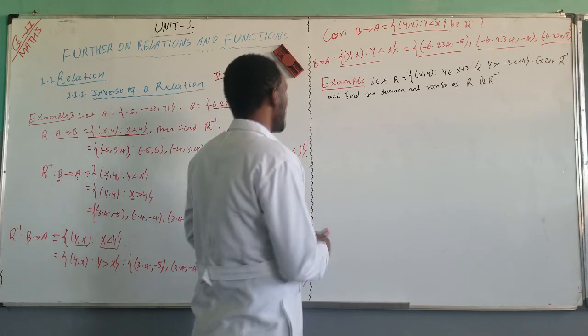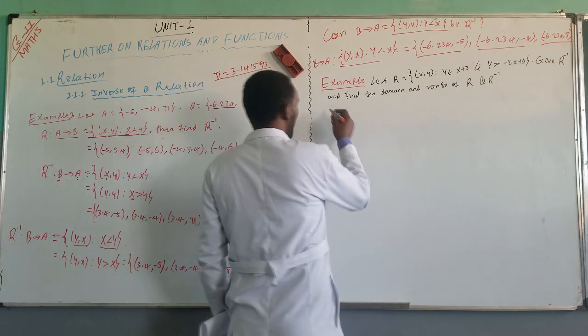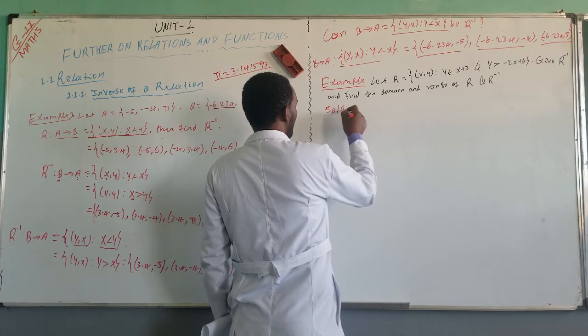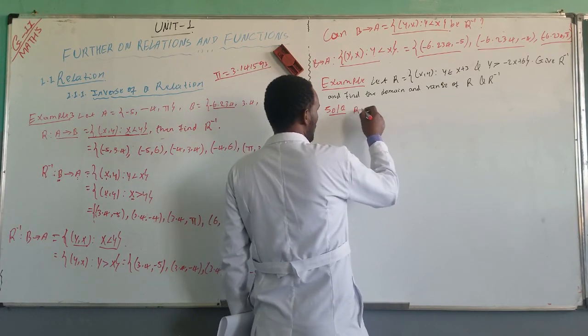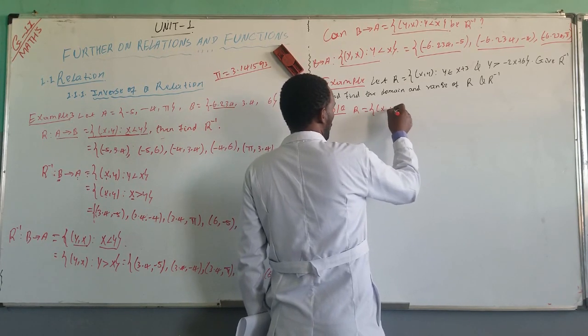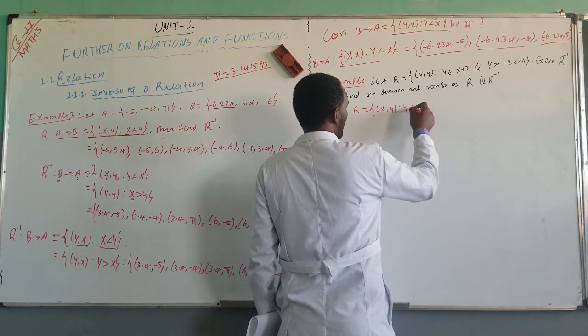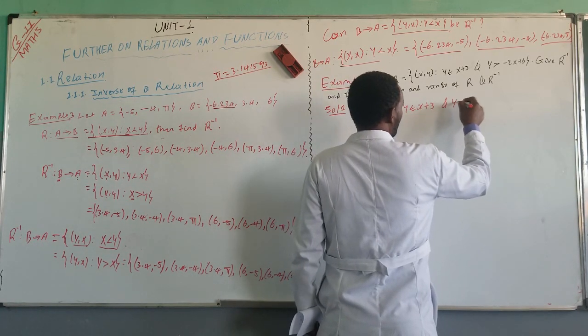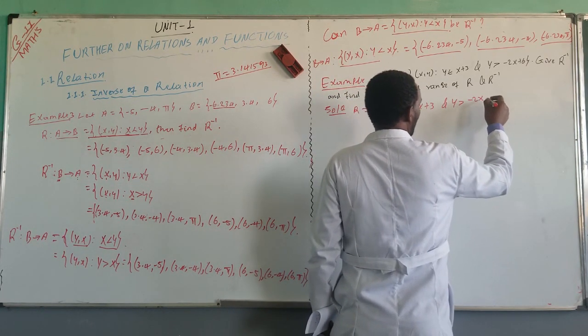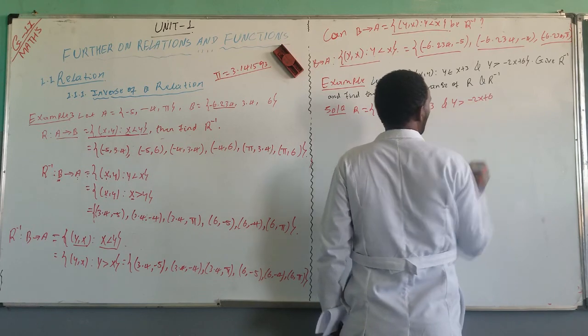According to the previous example, when we find R inverse, our R is given for us. R is x, y, such that y is less than or equal to x plus 3 and y is greater than minus x plus 6.